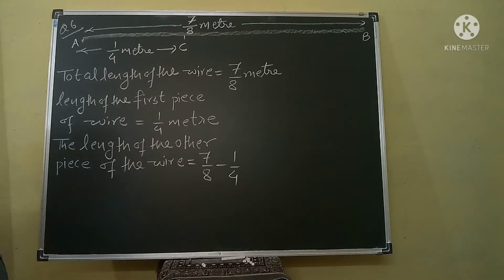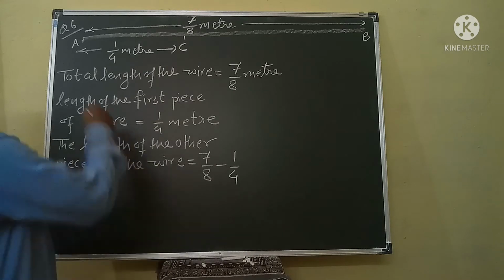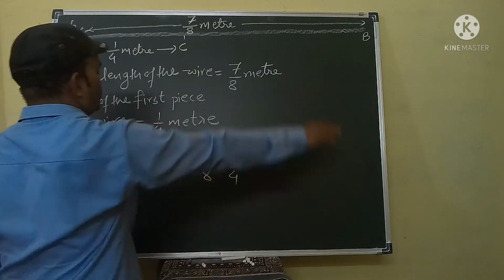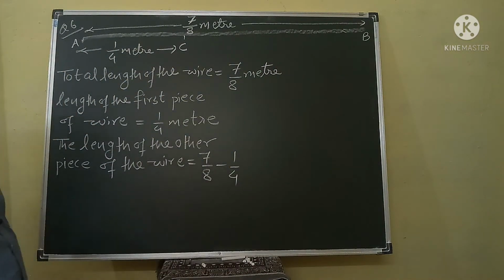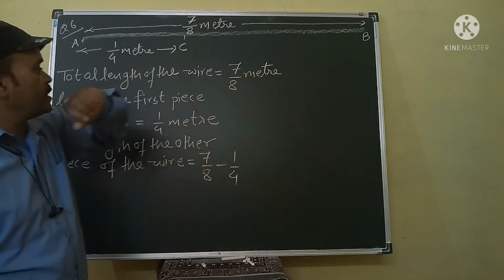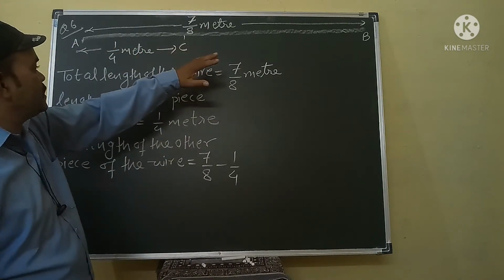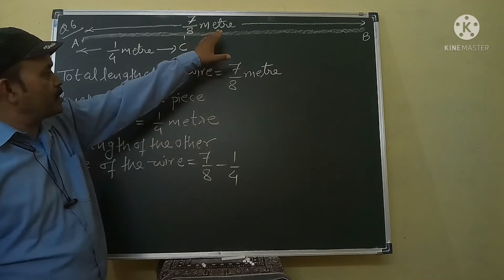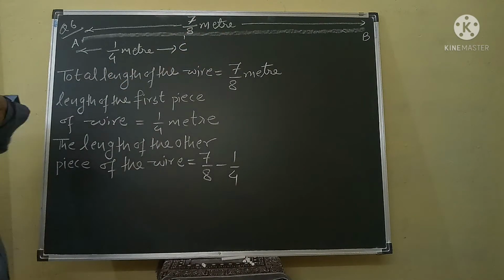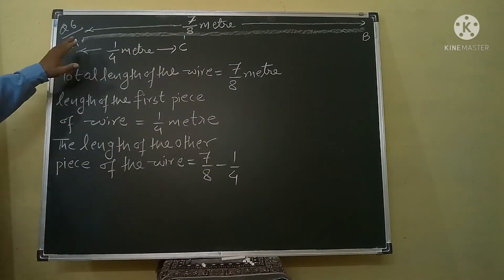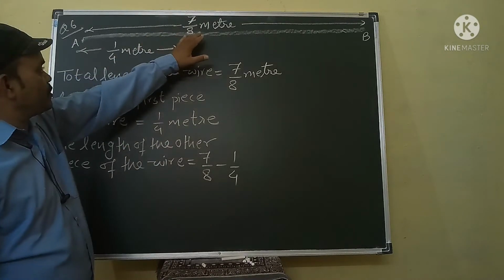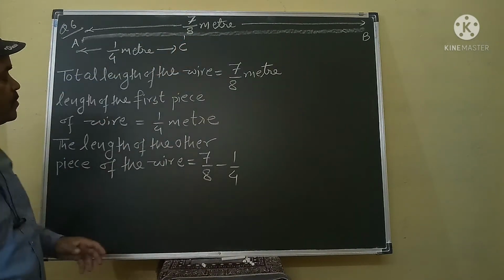My dear student, in this question, suppose AB is the length of the wire. AB is the wire. And the total length of the wire AB is 7 upon 8 meter.